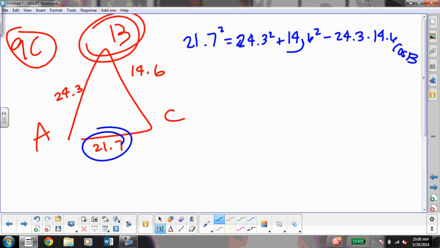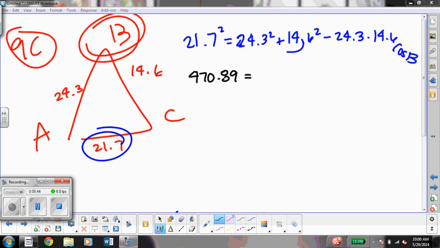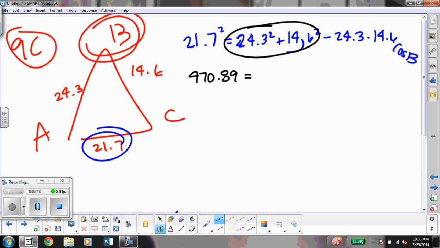21.7 squared is 470.89. And I can combine the two squared terms together. 24.3 squared plus 14.6 squared, which is 803.65.